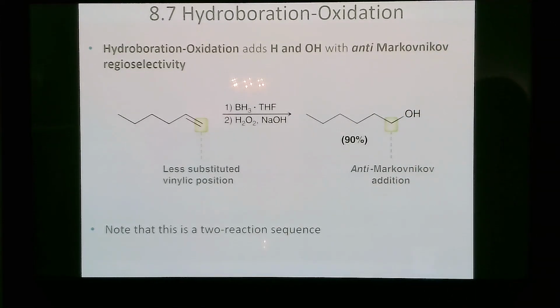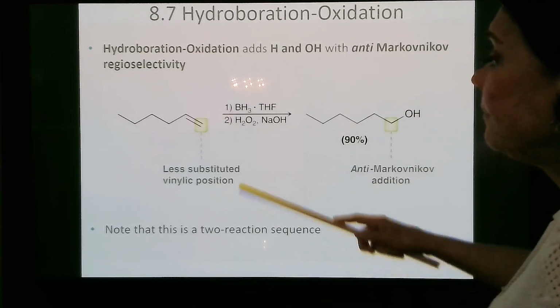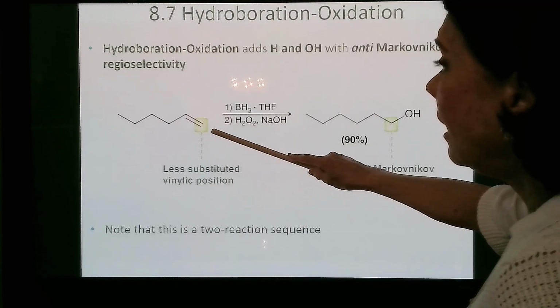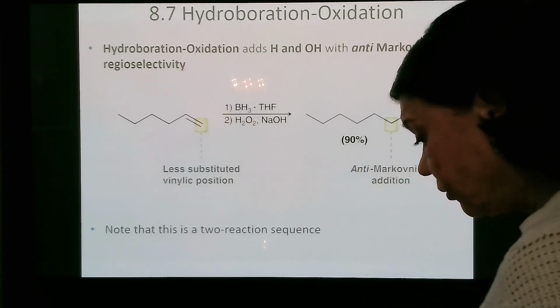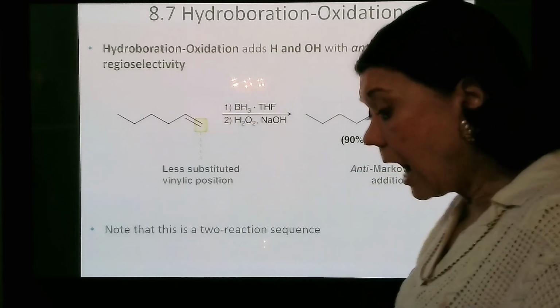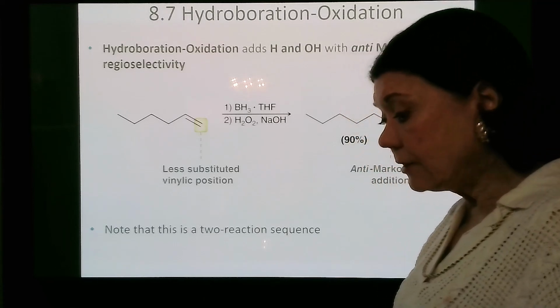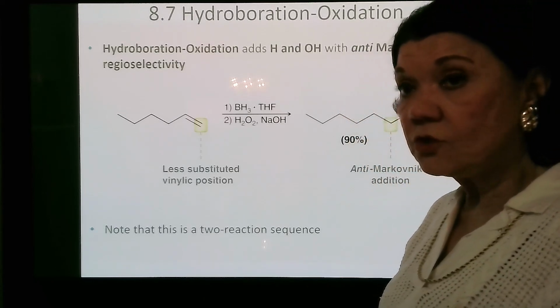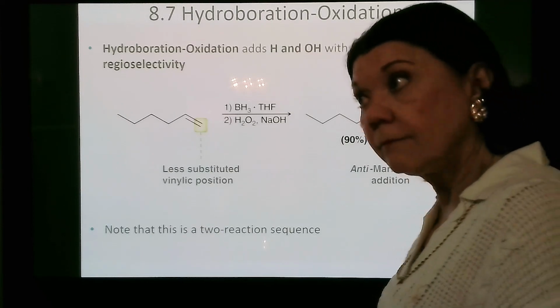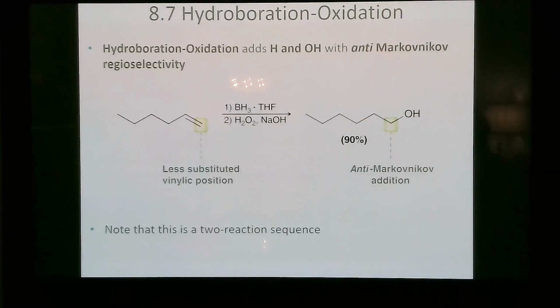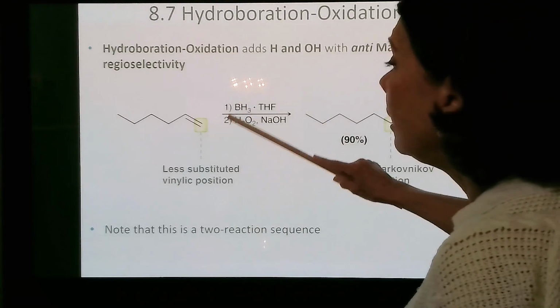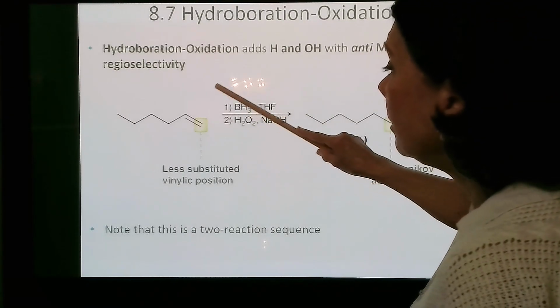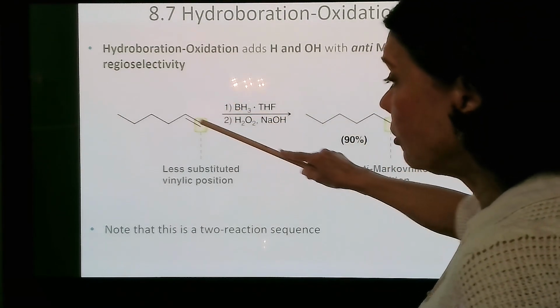Okay, so let me just start out by saying that hydroboration is governed very much by steric effects. Okay, and so what happens is when you have hydroboration, you're going to have hydrogen and boron added across the double bond.